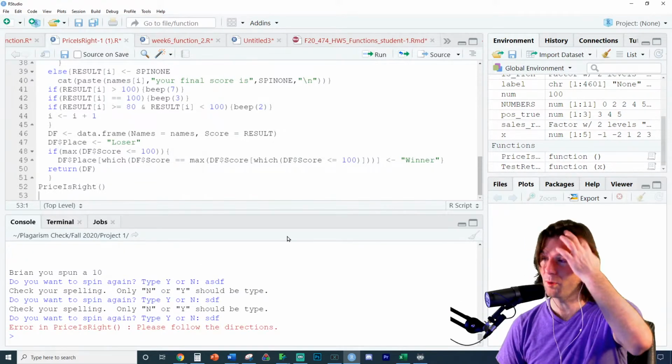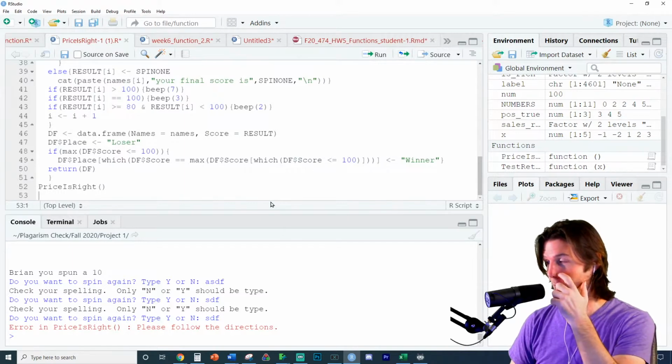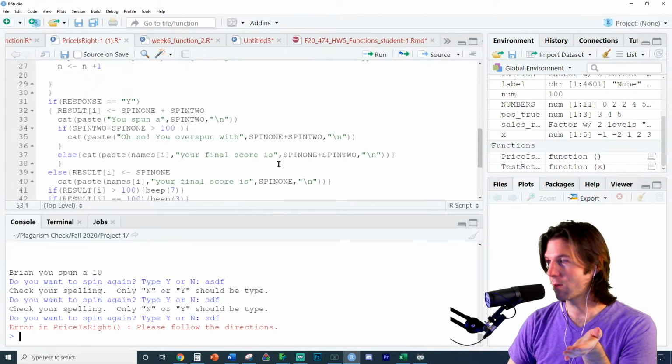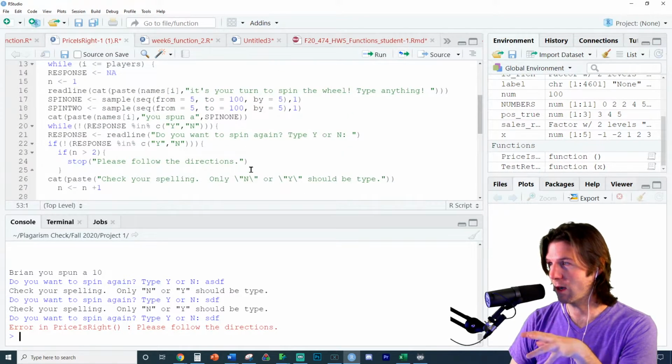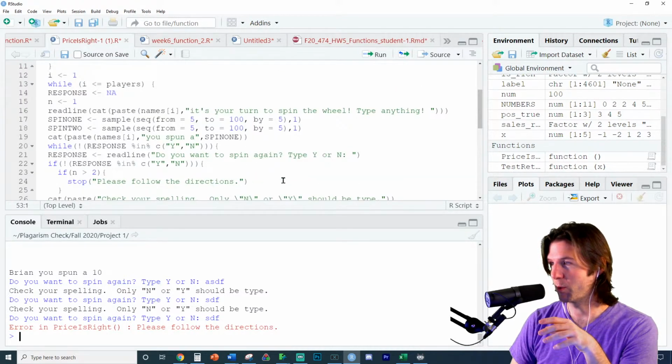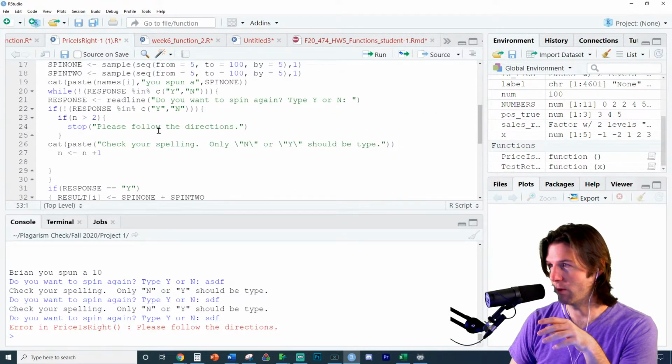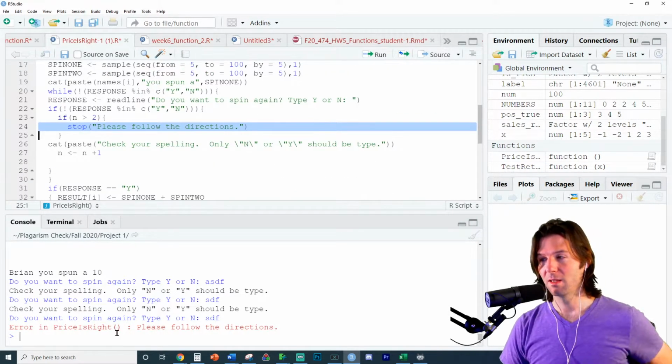We broke it just so everyone can see. I know how to break this function. I entered a bunch of nonsense, and that's where the function stops because it says please follow the directions. I'll show you where that is in the function. Does everyone see the stop? That created the error.